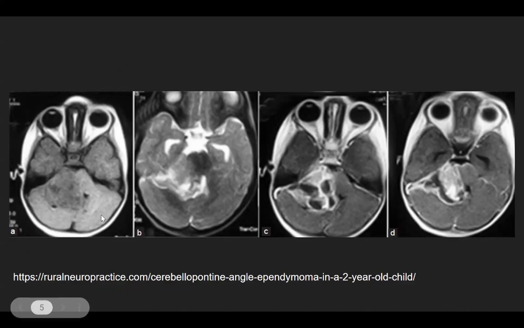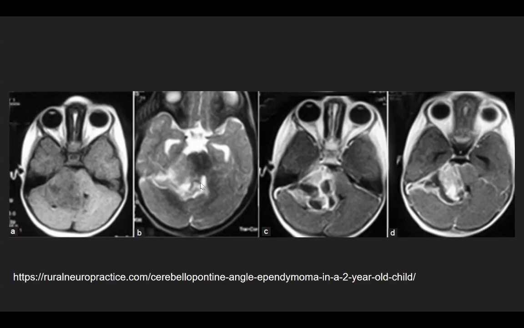On the right side, I have the MRI post contrast, which shows a fourth ventricular enhanced tumor, with solid and cystic components, with extension to the right CP angle.